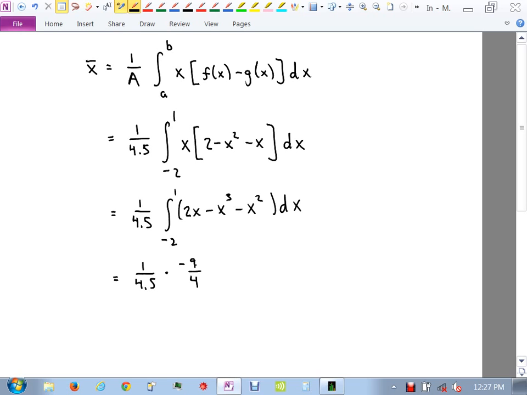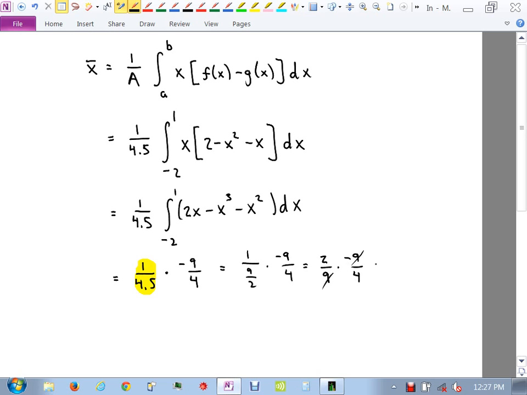Now that I'm seeing that it comes out to be a nice number, is it all right if I take this 1 over 4.5 and change it back to 1 over 9/2? Okay, let me change it back. Yeah, so 1 over 9/2 times negative 9 over 4, that's the same as 2 over 9 times negative 9 over 4.